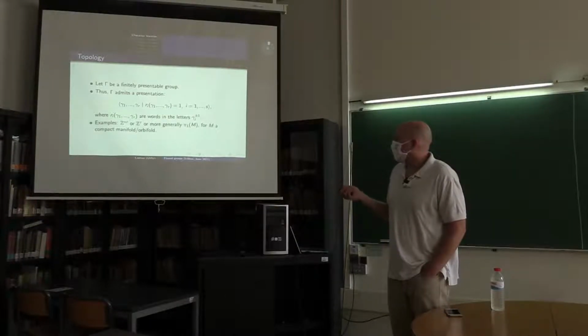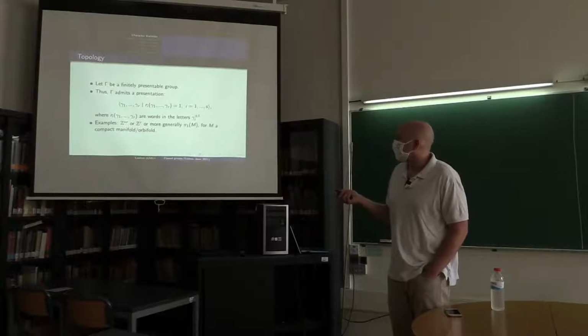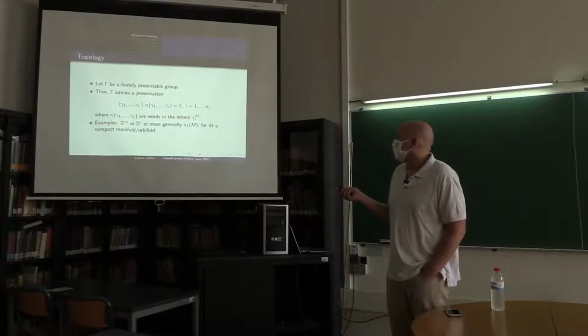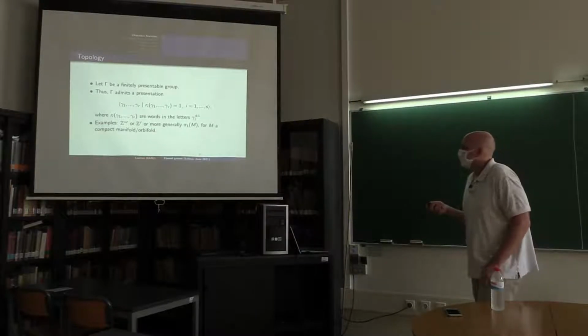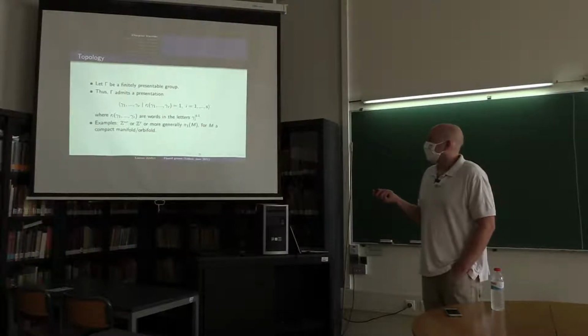Okay, so some examples are free groups and free abelian groups. And like I said, more generally, every finitely presentable group does in fact arise as the fundamental group of some compact CW complex, some topological space.